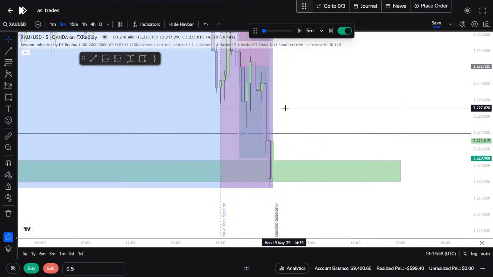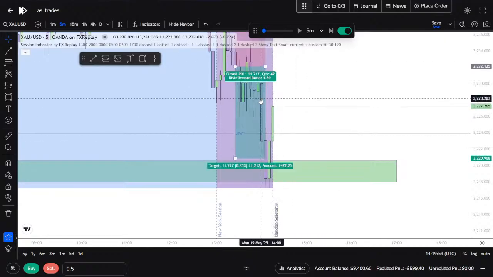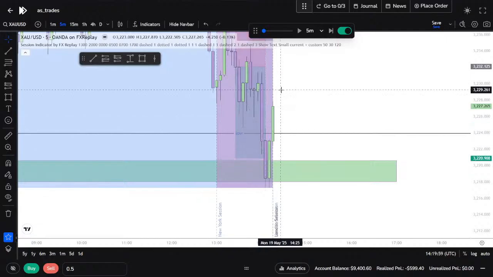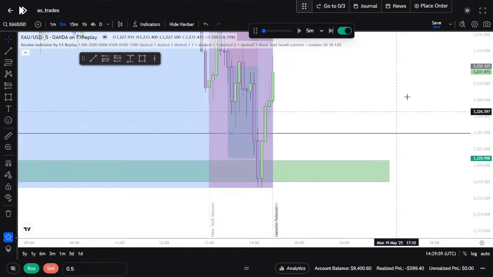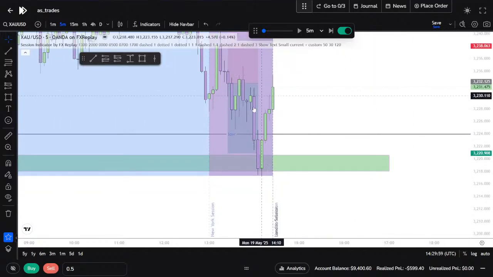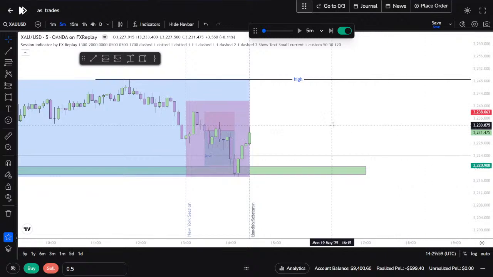Bearish fair value gap. Let's see what happens to that. Still respected. There you go, it disrespects it. Am I missing anything else here? No. So that's actually a very good sign of reversal.